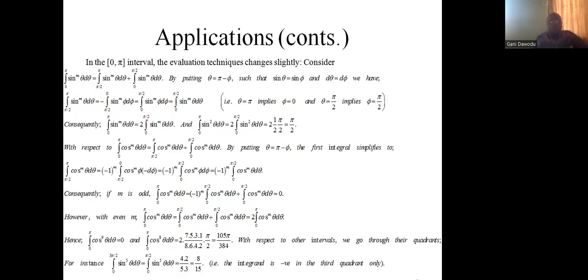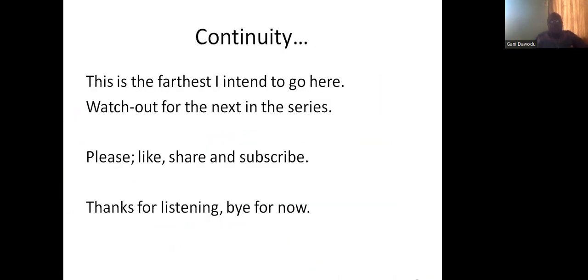If m is even, for instance, minus 1 raised to power m will be 1, and so this will now be twice. But when n is odd, you don't bother integrating it, it will be 0. It just cancels out. When n is even, it will be this. It continues like that. That is the farthest I intend to go.